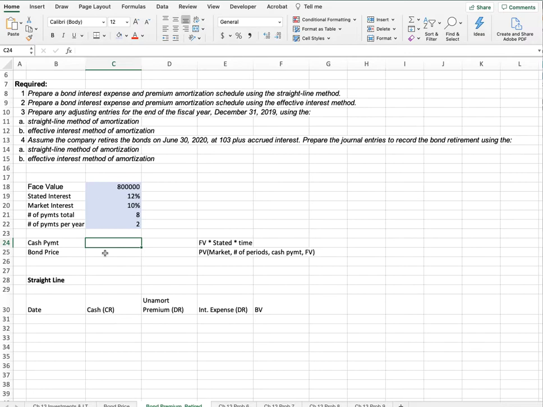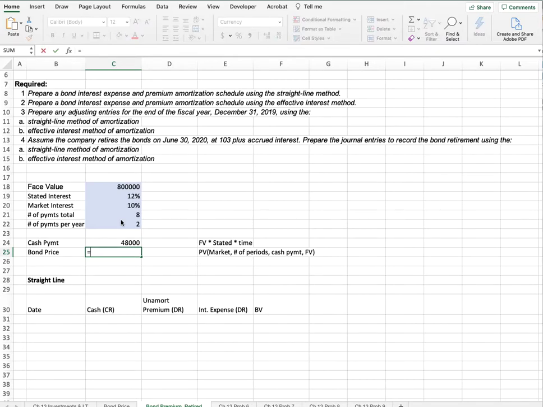I put here in the side column E what this formula looks like so you can refer to it while I'm typing, but we'll say equals the face value times stated interest times time. So we're going to say open parentheses 1 divided by total number of payments per year, close parentheses, and we get 48,000.